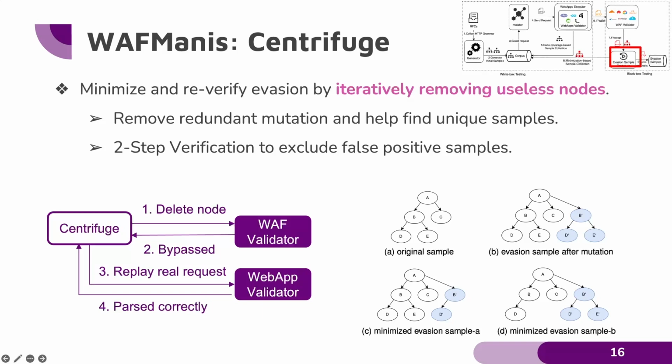If the sample is still parsed correctly by the WebApp validators, we can see that the node is redundant. The centrifuge can also help us find unique samples like sample C and sample D, and the two-step validation helps us exclude false positive samples.